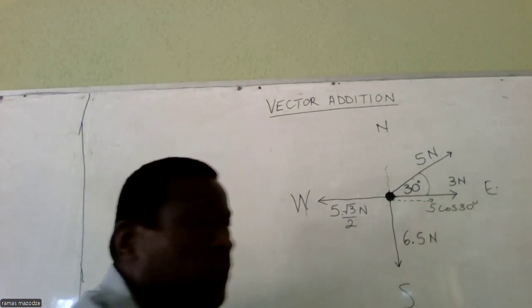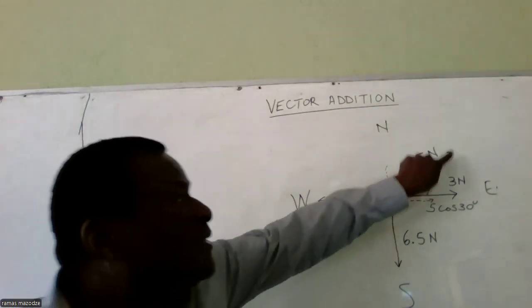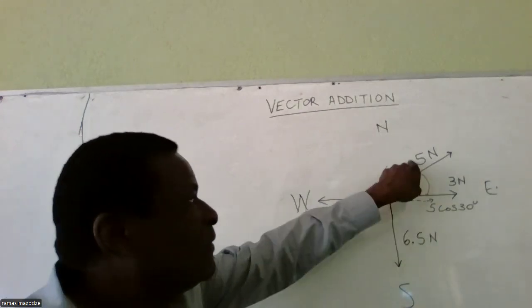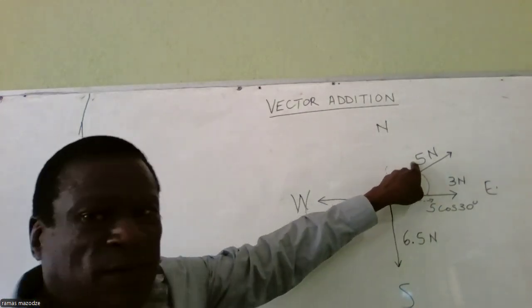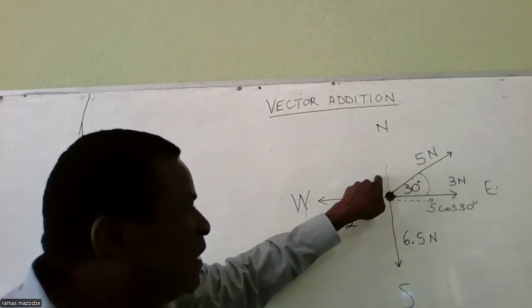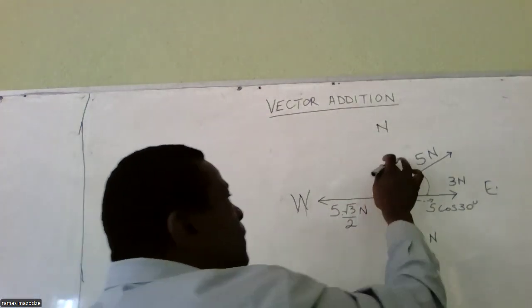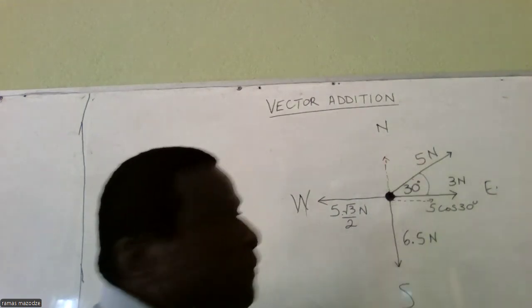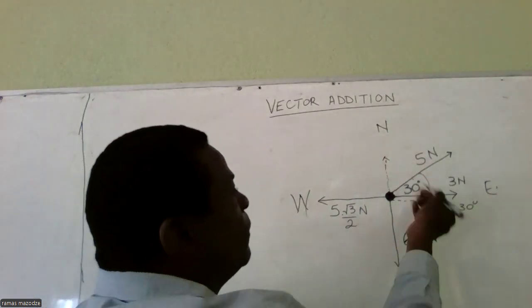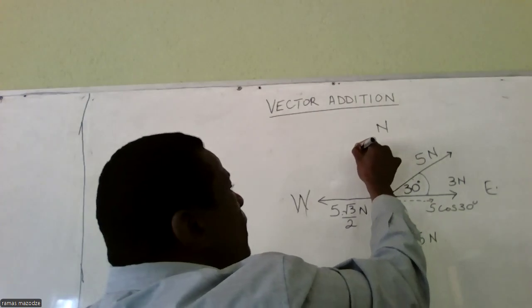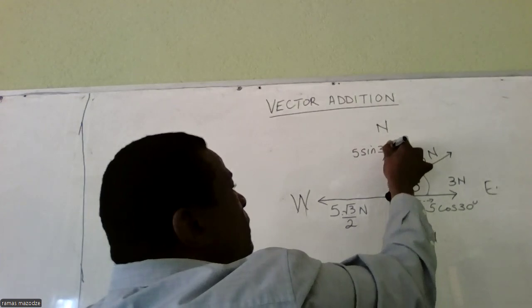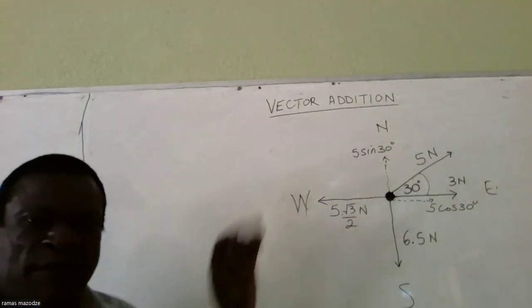I'm putting them in dotted lines because they replace that one eventually. If you add this one and this one, they give you that one. If you decompose the 5 Newton force, it will give you the components. So this is the vertical component, it will be 5 sin 30 degrees. Right. Let's leave that one for now.